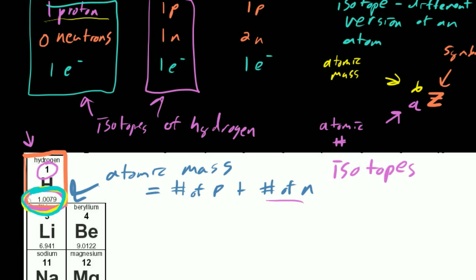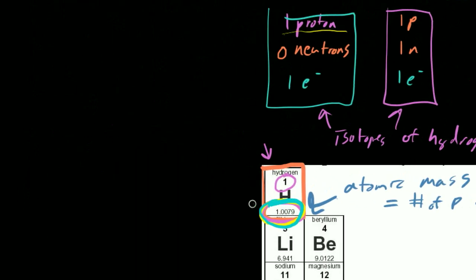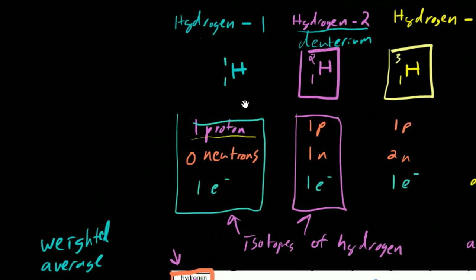Perhaps I should have chosen a better example than hydrogen, because hydrogen is even a little bit different. But the reason this is not a whole number is because this number is a weighted average of all the different isotopes of hydrogen that we would find in nature.